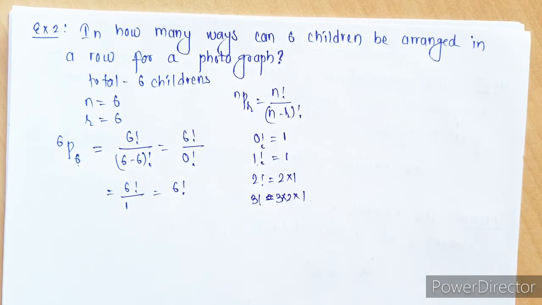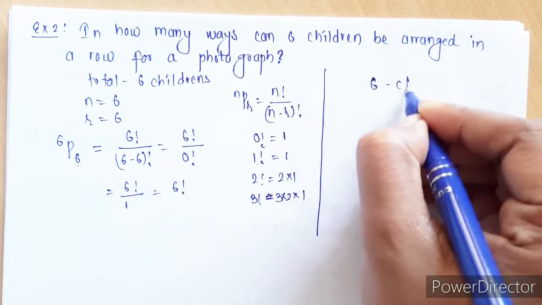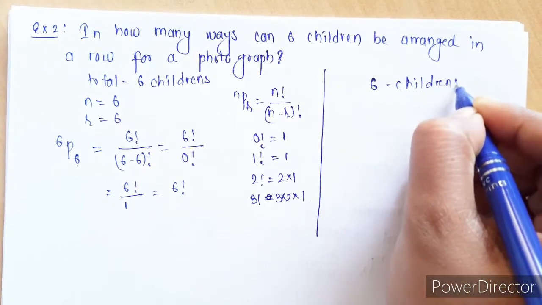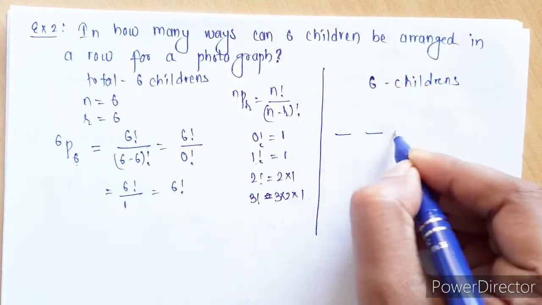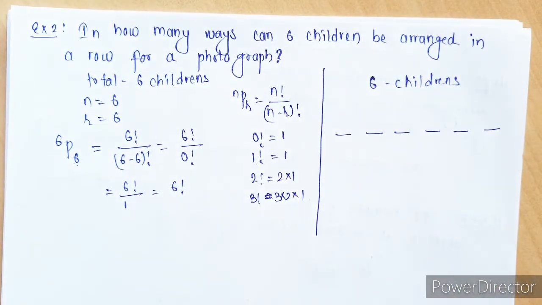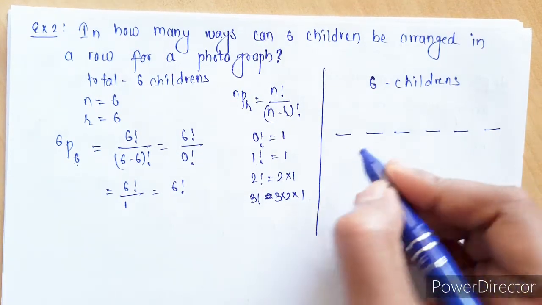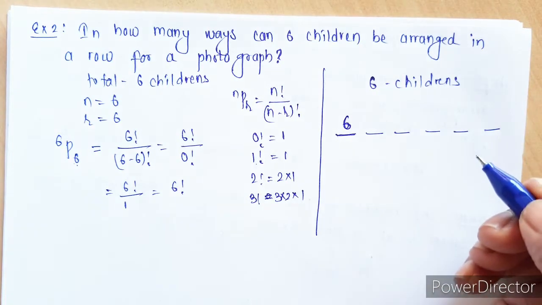Now the same problem using the multiplication principle. We have a total of 6 children and we have to arrange these 6 children in a row. So assume that there are 6 chairs and we need to make these 6 children sit on these 6 chairs. The first chair can be taken by any of the 6 children, right?